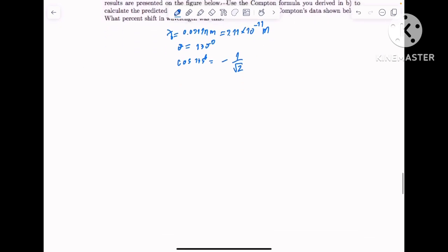The Compton formula: delta lambda is equal to h over m_e c times 1 minus cos theta.